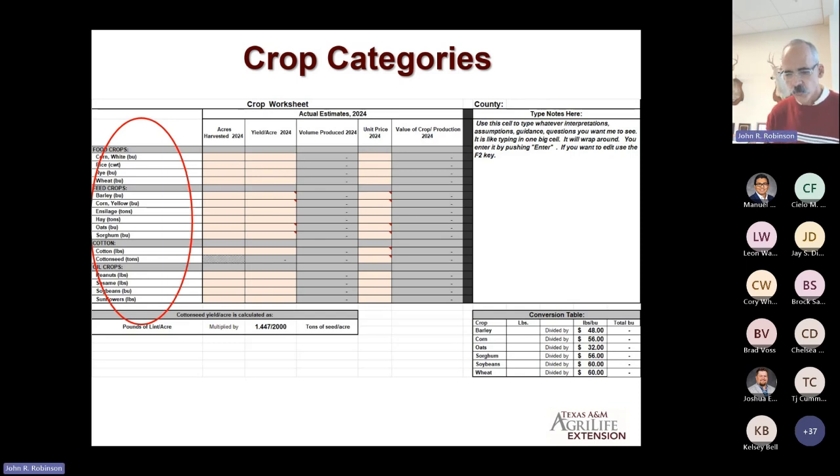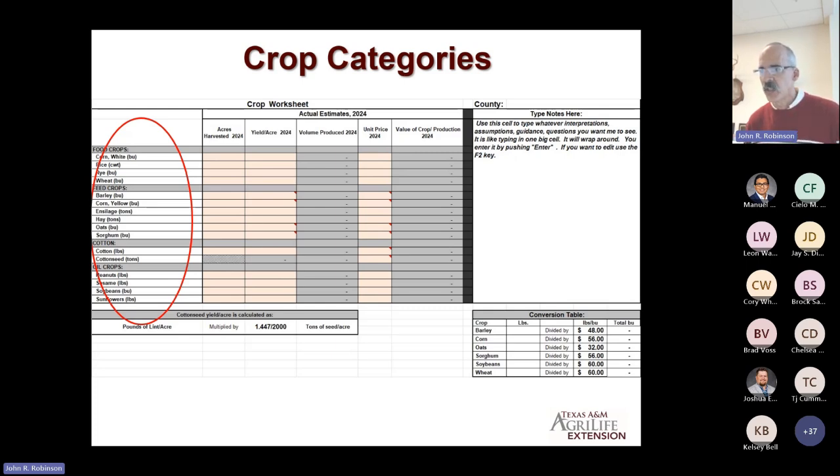So orders of magnitude get off because a decimal isn't entered, or it's because of the conversion of hundredweights per acre being multiplied by dollars per bushel. That's the biggest source of error.